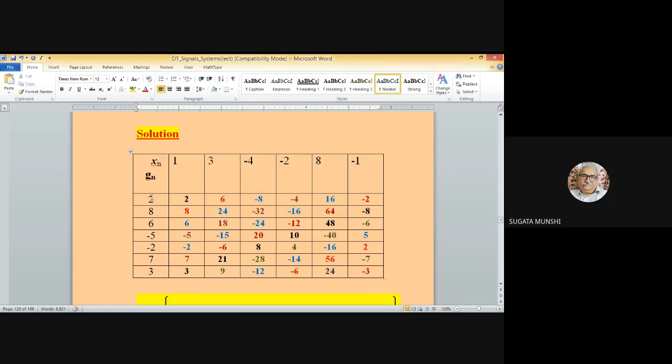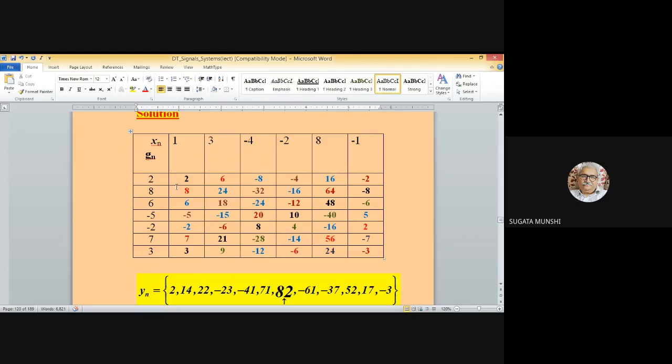So 1 into 2 is 2, 3 into 2 is 6, minus 4 into 2 is minus 8, etc. 1 into 8 is 8, 3 into 8 is 24, minus 4 into 8 is minus 32, etc. In this way, I have filled up all the boxes. Now, your duty will be just to draw some demarcating lines in this direction. Because I couldn't draw it in that manner, I have used different colors.